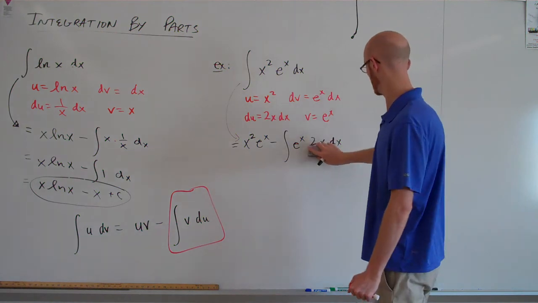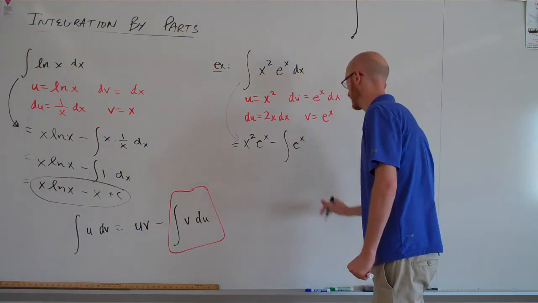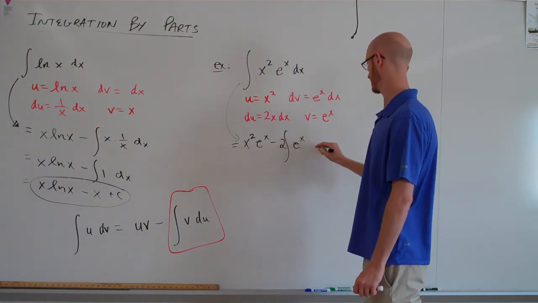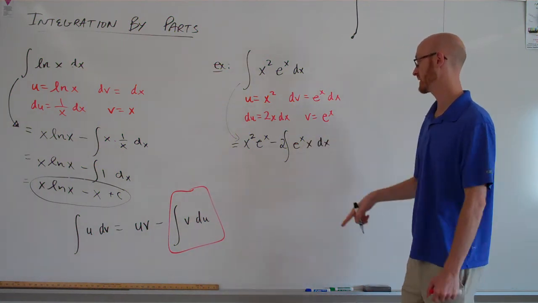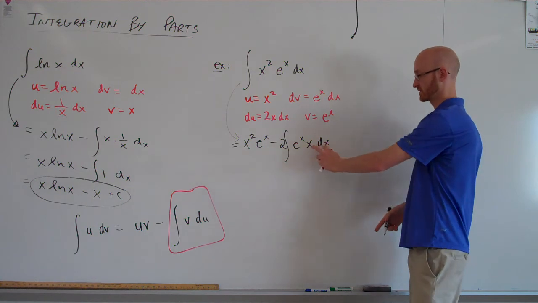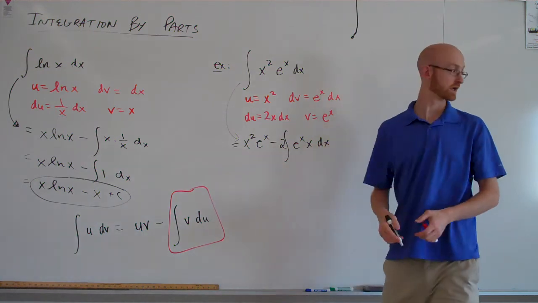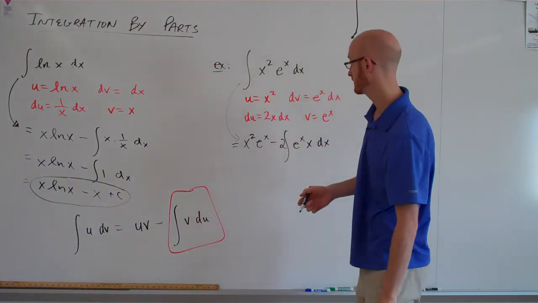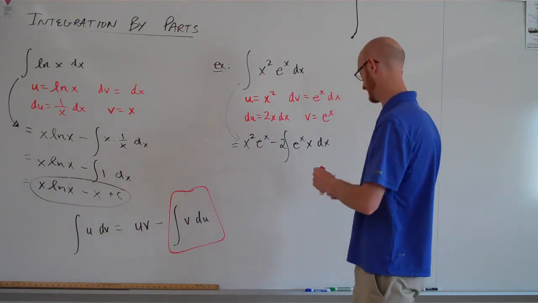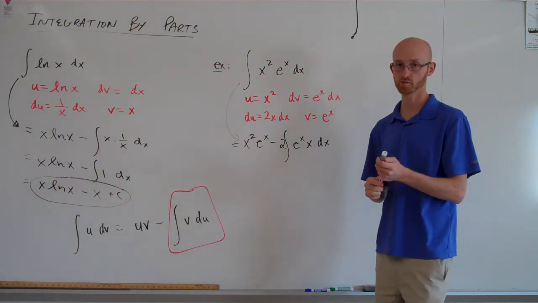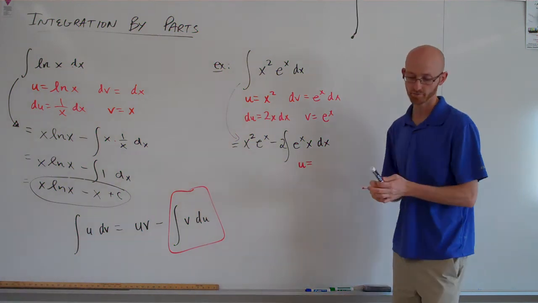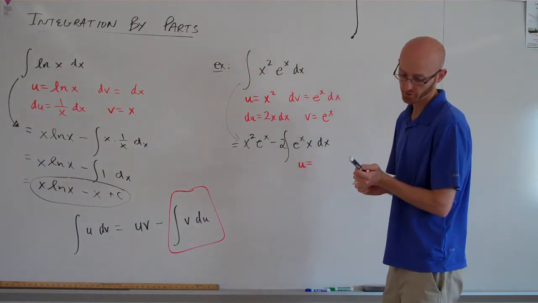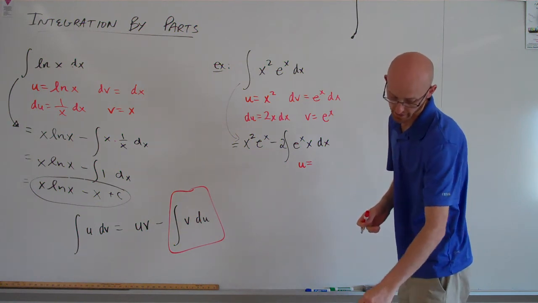And actually, I'm going to move this 2 out here. This integral, though, now, x e to the x dx, that even is going to involve yet another integration by parts. And that might not make you very happy. But it's kind of cool when you think about it. You'll see the end result here.